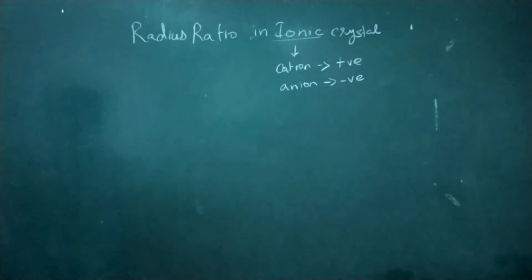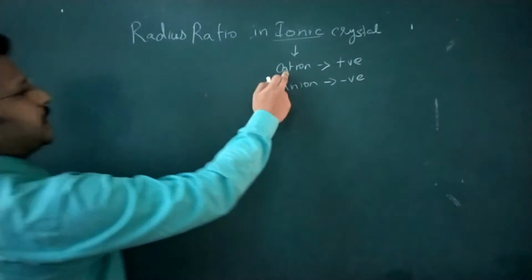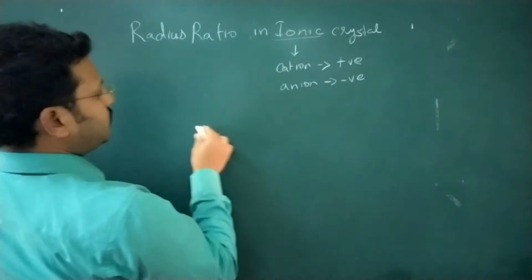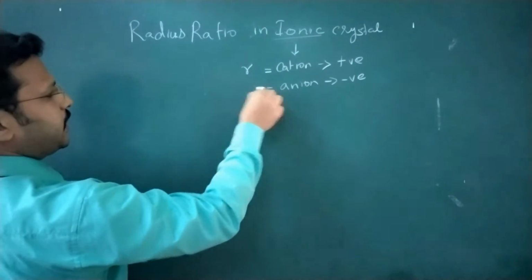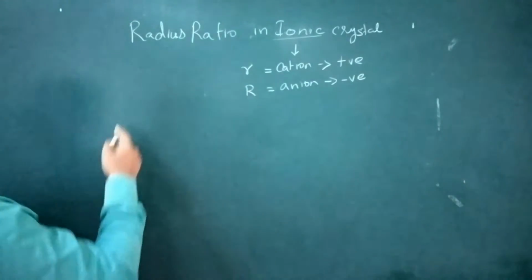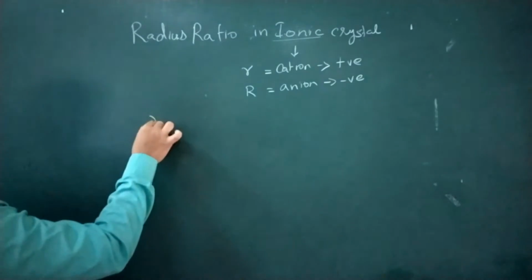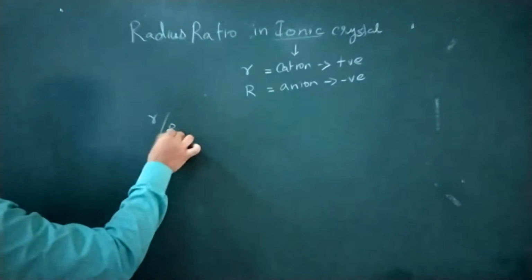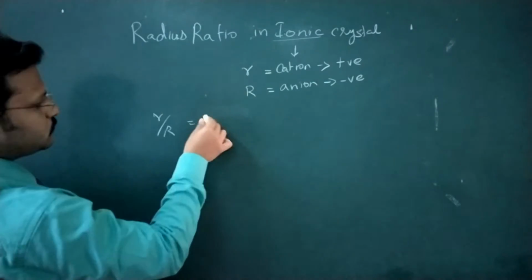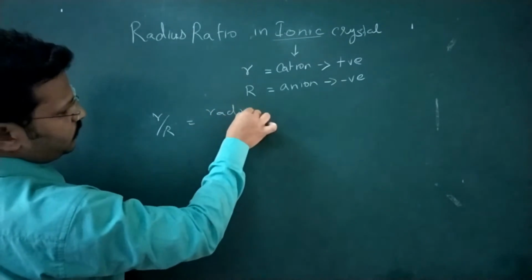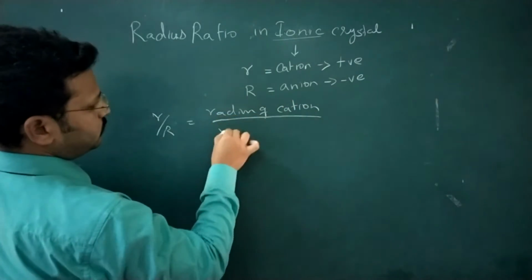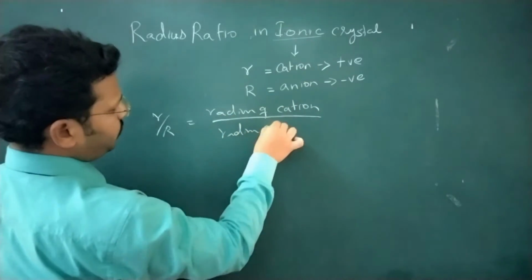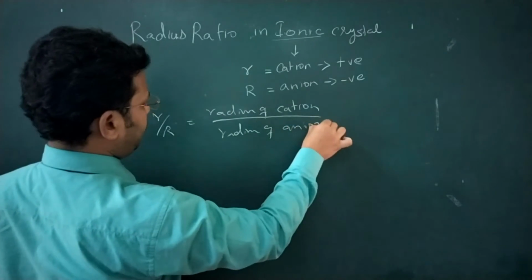Cations have a smaller size than the parent atom, and anions will have a larger size than the parent atom. So here we are going to consider the radius of the cation as small r and the radius of the anion as capital R. So the radius ratio will be the ratio of the radius of cation by the radius of anion.